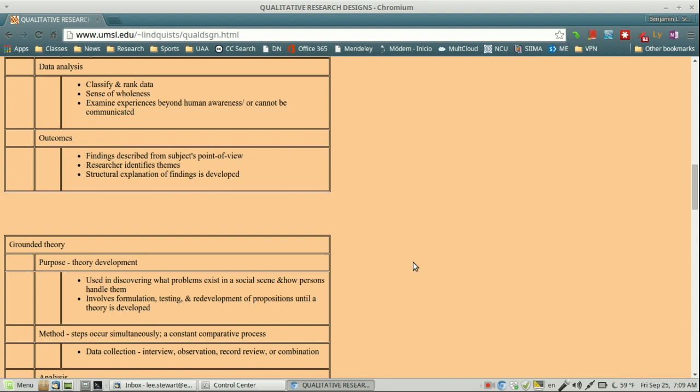But we aren't going to do that, and you won't be asked to do that next semester. But if you do find articles that are based in grounded theory that are relevant to the problem or the research questions you're looking at for developing your literature review, then you certainly may use that information.